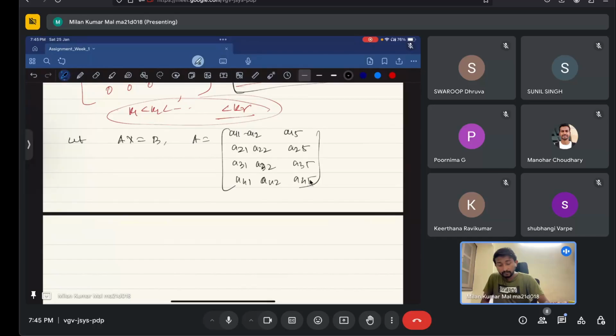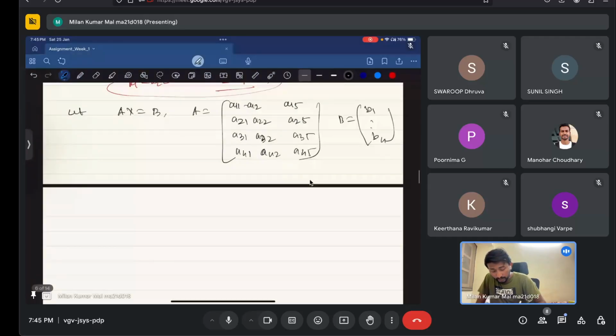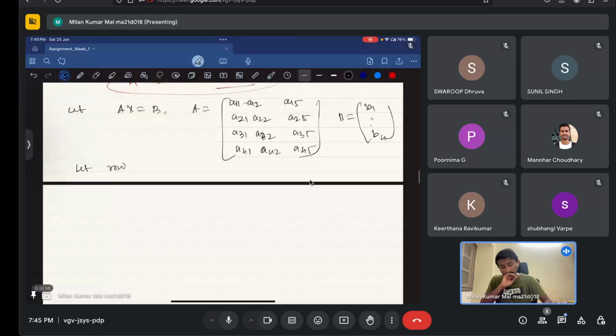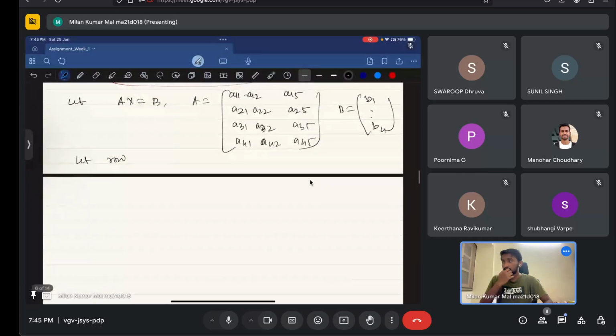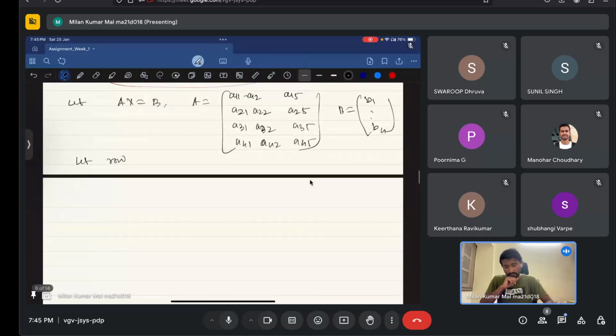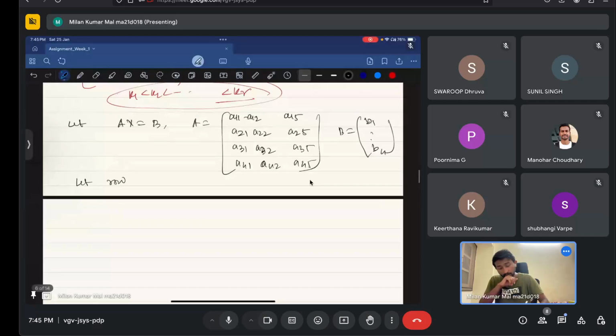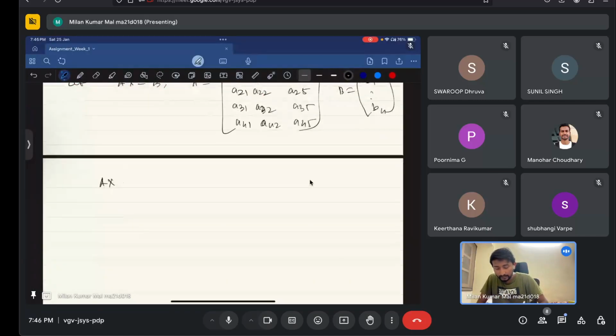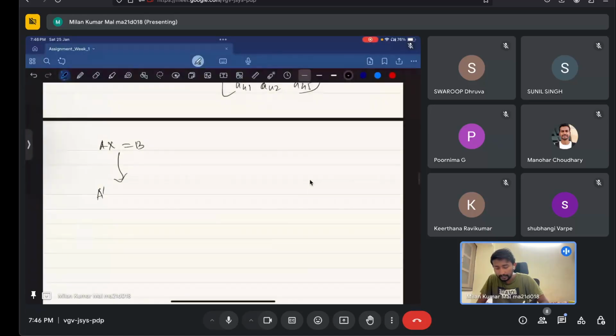And B equals B1 all the way to B4. Let after row reduction, when we do this row reduction process, suppose we have Ax equal to B, and after row reduction what we get is A dash x equal to some B dash.